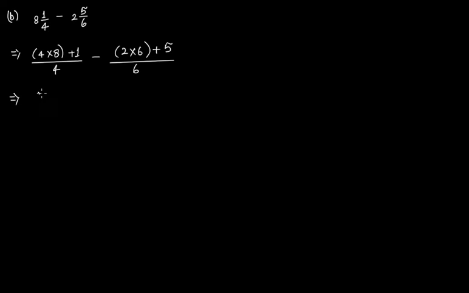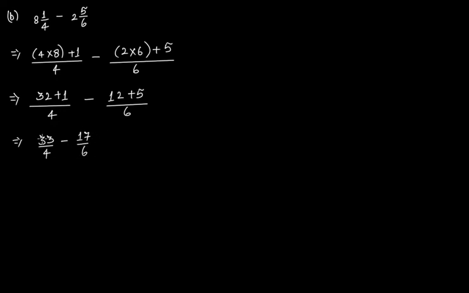This is 32 plus 1 over 4, minus 12 plus 5 over 6. Now if you solve this one, this will be 33 over 4 minus 17 over 6.